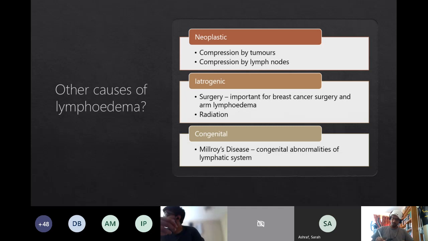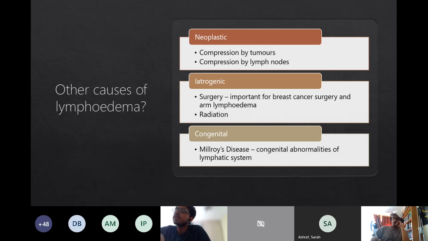Yeah, so congenital causes are very important. What else? Someone mentioned another type earlier. Anyone else?